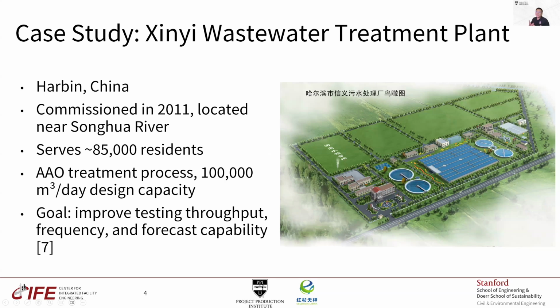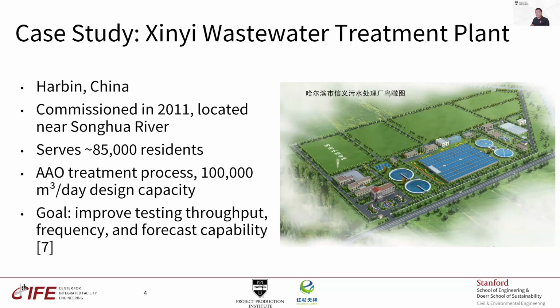We studied the Xinyi wastewater treatment plant in Harbin, China, which is in the north part of China, close to Russia. The plant was commissioned in 2011, is located near the Songhua River, which is one of the biggest in the local community, and serves around 85,000 residents.